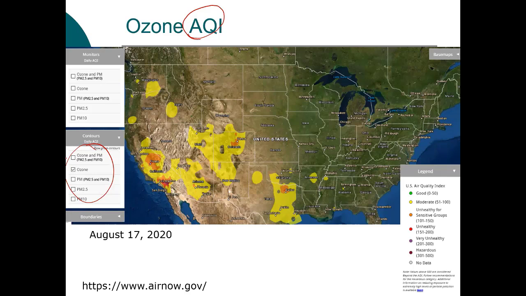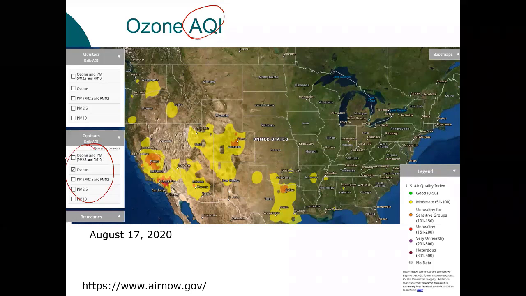We can look at NO2 levels, we can look at SO2 levels, and we can relate the impact of these pollutants to one another using this air quality index. And the color coding that we use is from green to a maroon color.